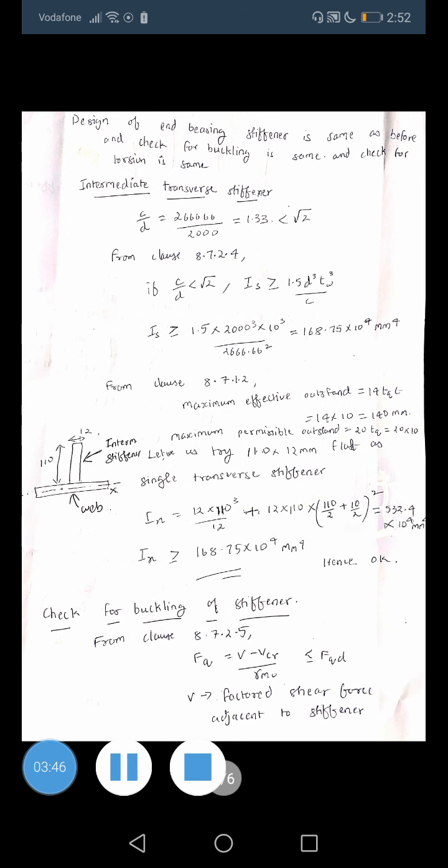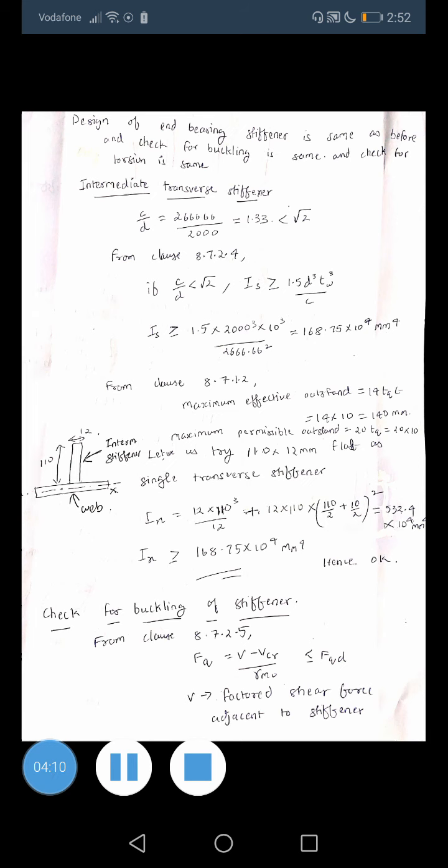In the left side I have shown the cross section. So you can see 110 by 12, that is the transverse stiffener, and there is a web and there is the XX axis. So IX will be BD cube by 12, and as I have already mentioned, the dimension 110 is perpendicular to the X axis, so it is BD cube by 12.